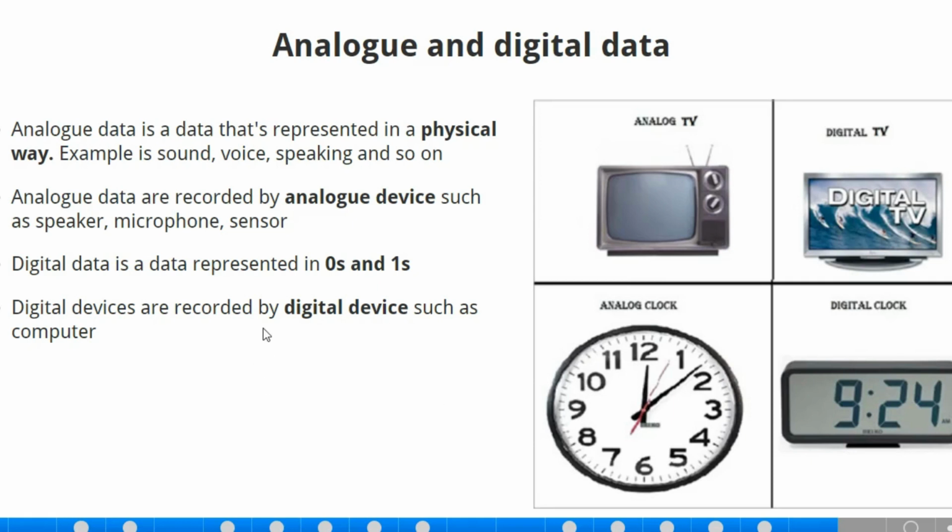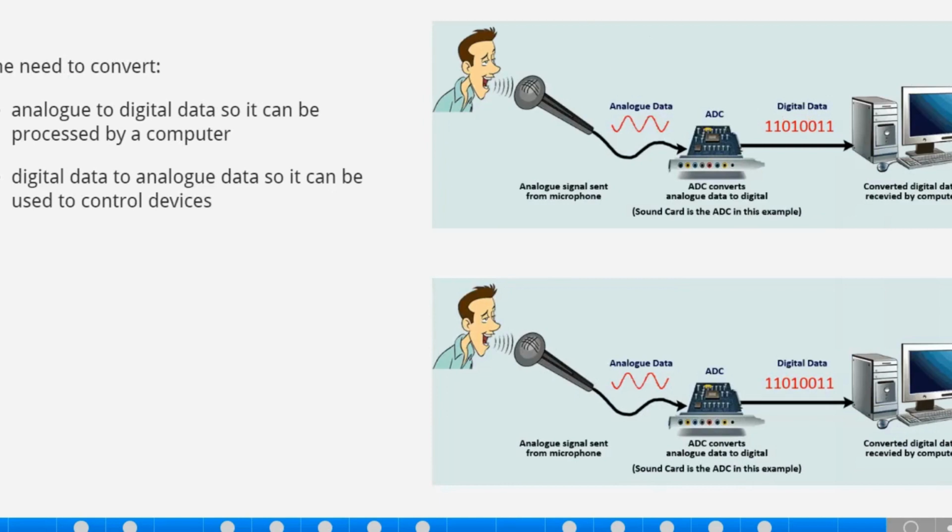Example is the way I'm talking now, I'm actually producing analog data. All right. The analog data are recorded by analog devices such as microphones, speakers, sensor, all of them are analog data. Then digital data is the data represented in zeros and one, and only computers actually understand digital data. These are the things you need to know.